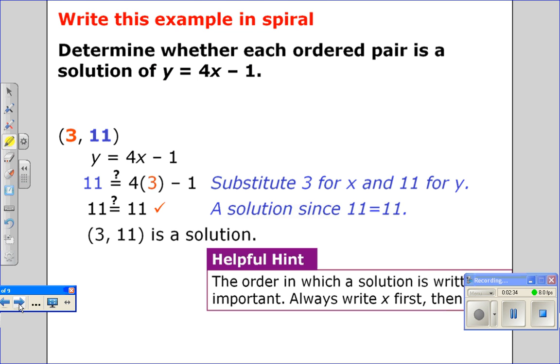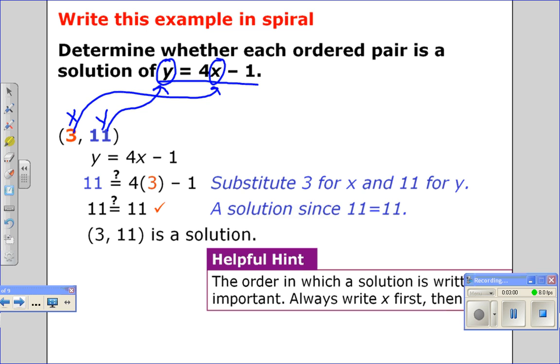All right, so this is the first example, and as you can see, it says write in your spiral. This, of course, is what we call a two variable equation. As you can see, we've got a Y and we've got an X. So that's why it's called a two variable equation. Basically what I'm trying to determine here is, if I were to plug in the 3 for X and the 11 for Y, would it actually be equal?